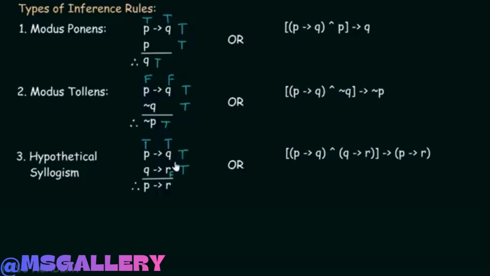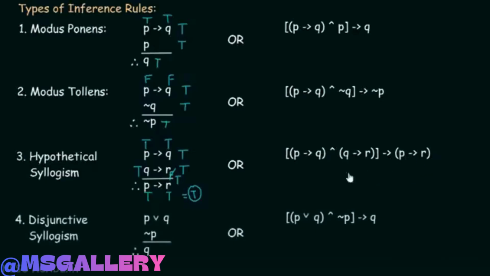Q has to be true. And because Q is true, then R cannot be false, right? Therefore R has to be true. It cannot be false. And if R is true and P is true, then true implies true is always true. Therefore, we cannot make P implies R false. And definitely we can write this argument as (P implies Q) and (Q implies R) implies (P implies R).